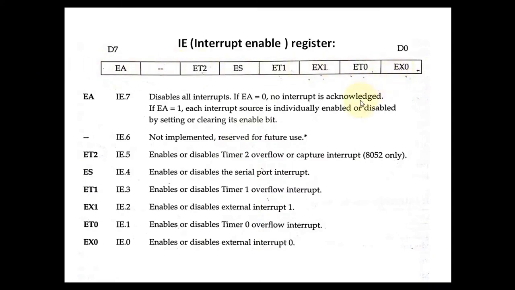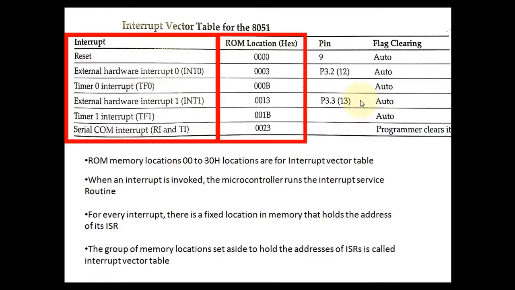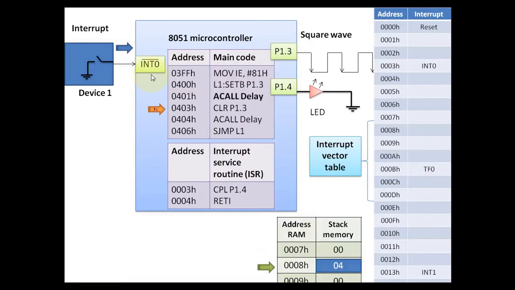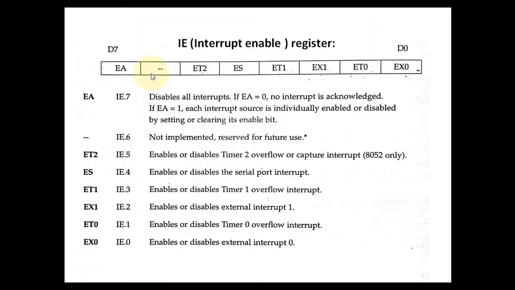So this is the value you have to load. Here, this hex value 81, I have loaded into the IE register to enable the INT 0 interrupt. So this is the use of the interrupt enable register, simply used to enable the particular interrupt.